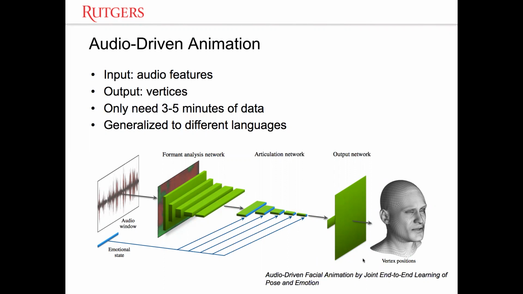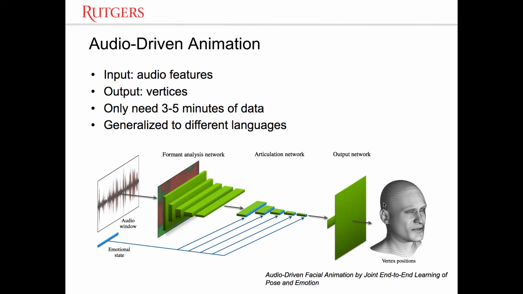One of the interesting properties of this work is that since it's using the raw audio features, not a speech recognition process, it actually generalizes to different languages. This means that when you train this model on only an English dataset, you can apply it to a different language as input, and it still faithfully generates the faces and animations that match your input.